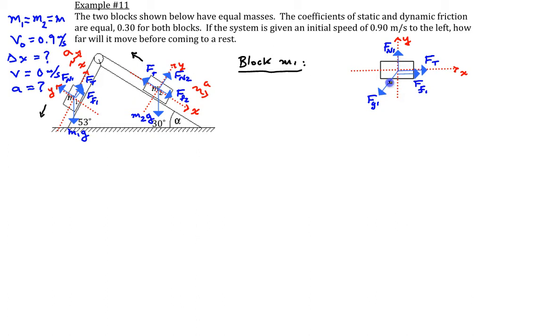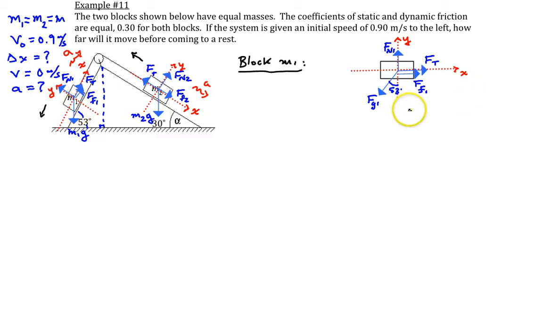Now this angle right in here is 53 degrees. And we know that because of the angle in here is 53. And then if we drop a vertical line down here, this is 90, and then this would be 90 minus 53, which is this angle right in here. So the angle that is made with respect to my y-axis is going to be 53 degrees.